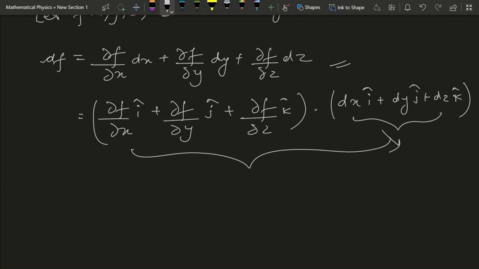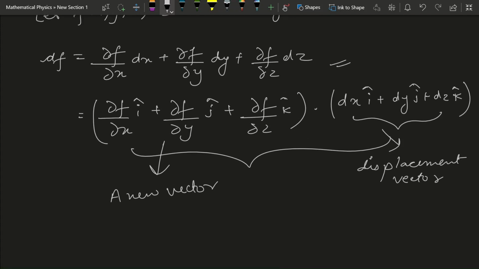This is a displacement vector, and a new vector. This is a vector quantity, a new vector, I will name it later. A dot product of these two vectors is showing the change in the scalar field, or we can say that any change in scalar field can be obtained by the scalar product of a displacement vector and a new kind of vector.